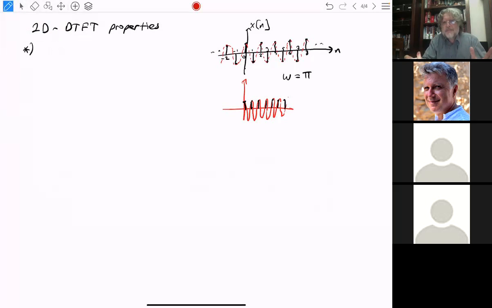You see what I mean? The samples will converge back to omega is equal to 0 of the discrete version.